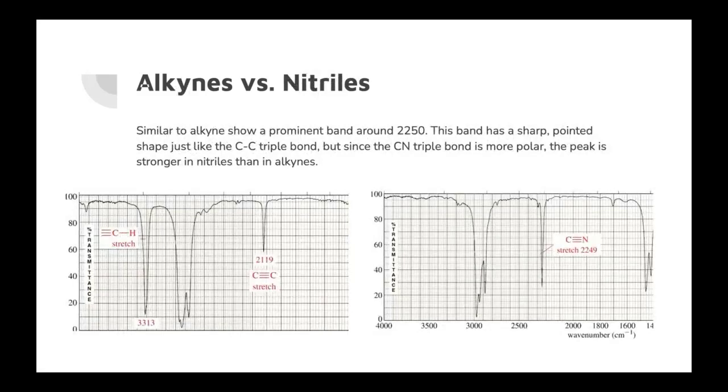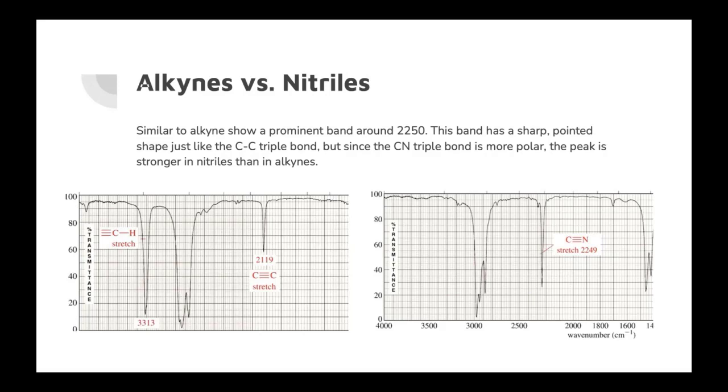Okay, alkynes and nitriles. Alkynes, so triple bonds, have a sharp peak at 2000. That sharp peak is based on polarity, so it will actually differ based on where that triple bond is. If your triple bond is a terminal triple bond at the end of the molecule, your peak will be a little bit stronger.